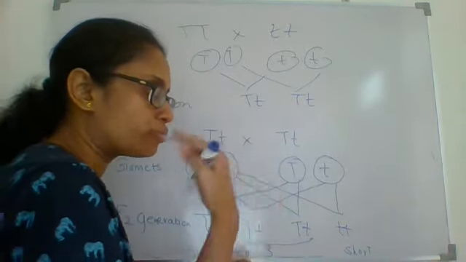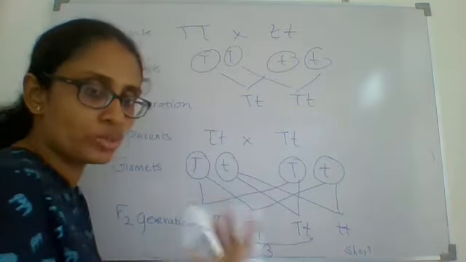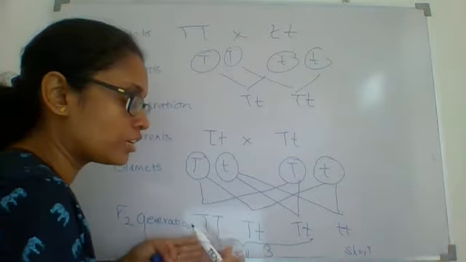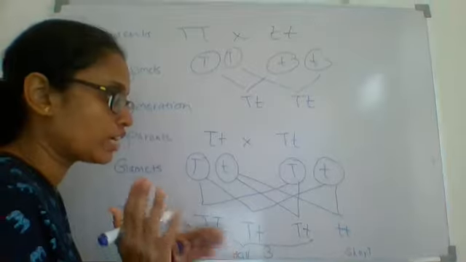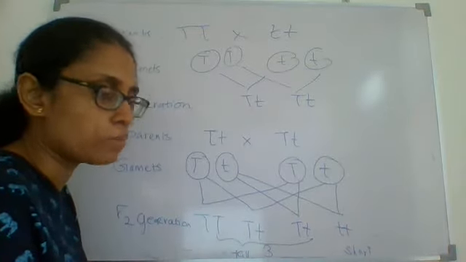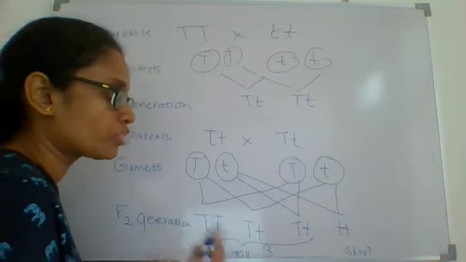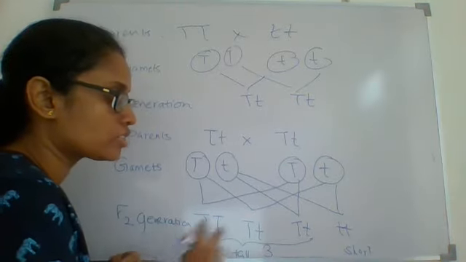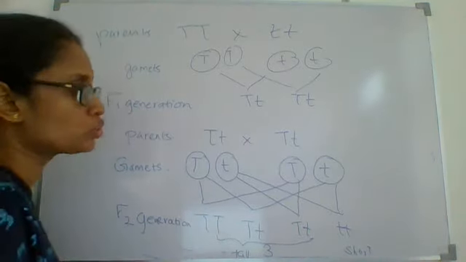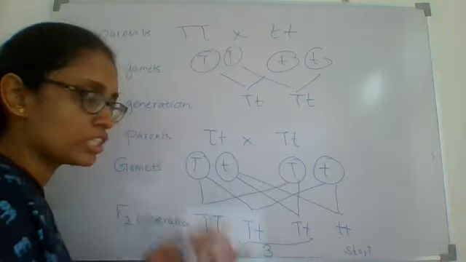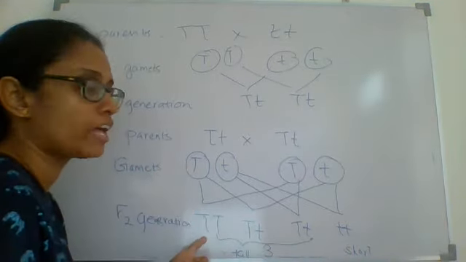But when you go further and analyze the genotype, then you will realize that although we can see them as tall plants, when you go to the gene level, the genetic level, you can see that these three plants have two different genotypes. Out of these three plants, two will have this genotype and the other will have this genotype.